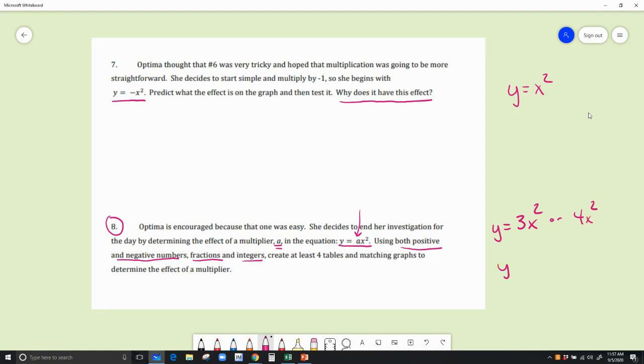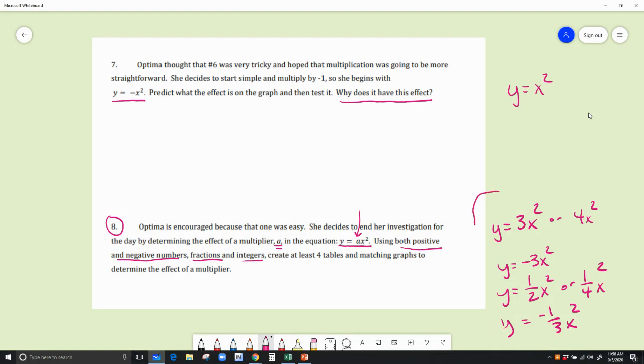What happens if we do -3x²? What happens if we do 1/2 x² or 1/4 x²? And what happens if we make them negative, right? So -1, I'll just put 1/3 x². What does that do, right?